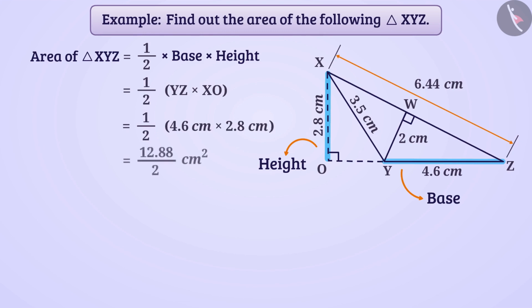On solving this, we get the area of triangle XYZ as 6.44 square centimeter.